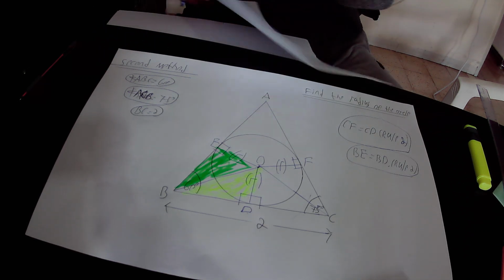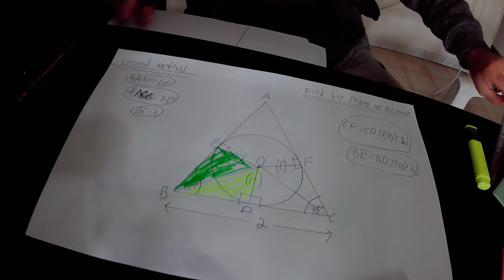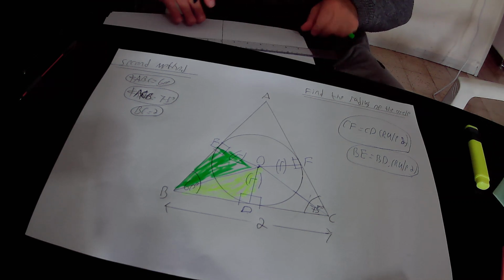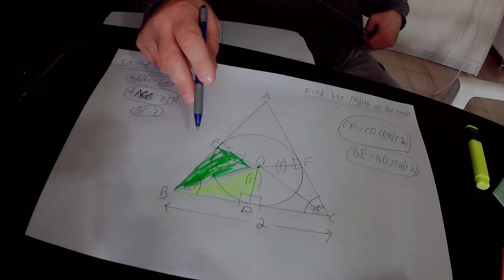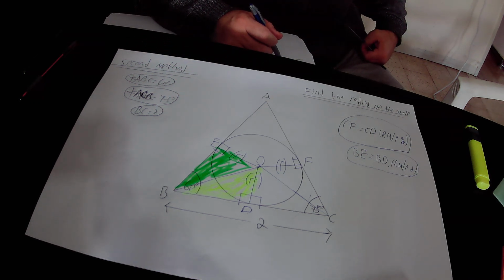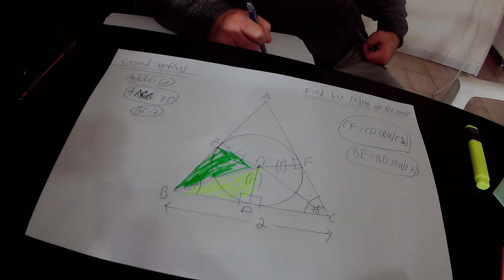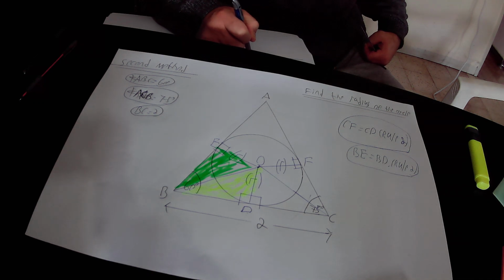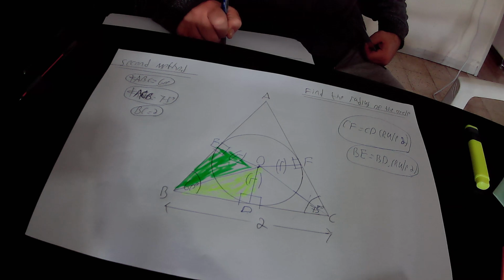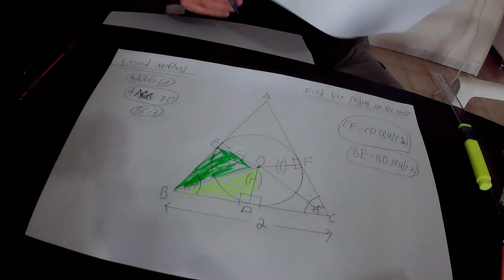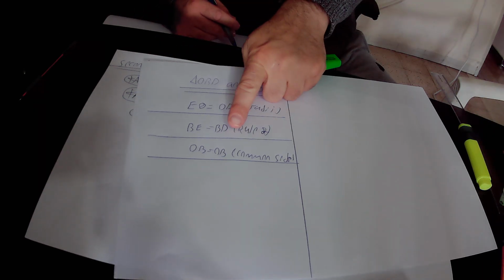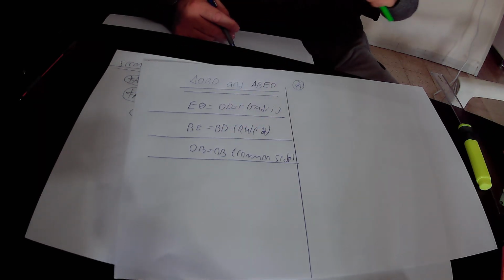And finally, side OB is a common side that belongs to both triangles, so we can write down that OB equals itself as a common side that belongs to both triangles.